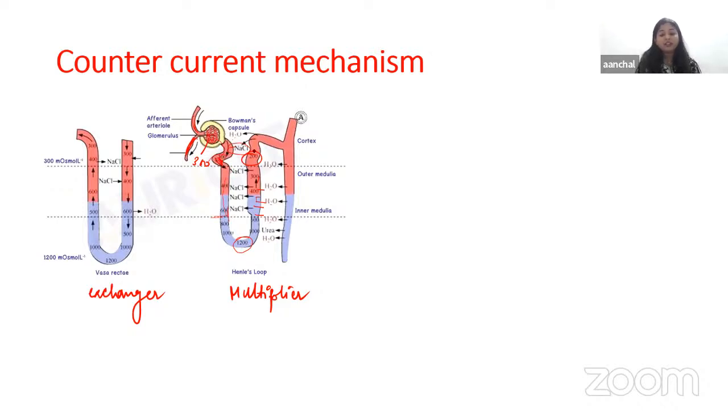Okay, then finally we have the DCT and the collecting tubule. While entering the DCT, the osmolarity of fluid will become 200, and it is again isotonic to plasma. In the presence of ADH, the DCT and collecting tubule become permeable to water, resulting in water reabsorption, and finally the concentration of urine will occur. It is also found that in the collecting duct, P cells are there.